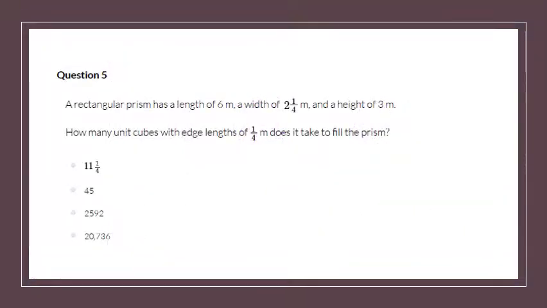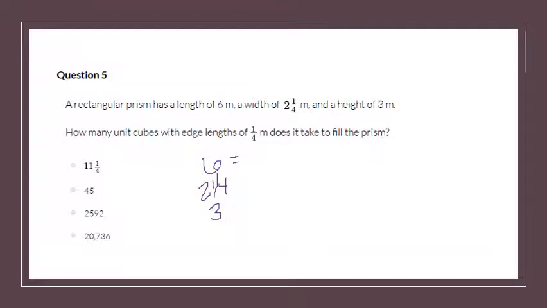Okay, a rectangular prism has a length of 6, a width of 2.25, and a height of 3. How many unit cubes with side lengths of 1/4 does it take to fill the prism? So, how many quarter meter blocks would it take to fill up 6 meters?